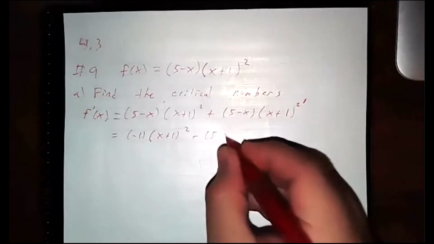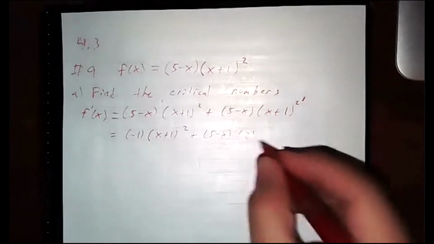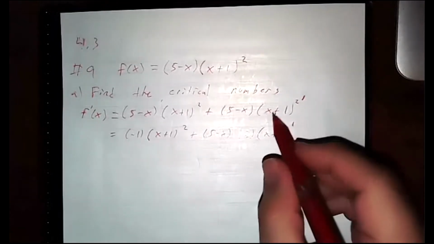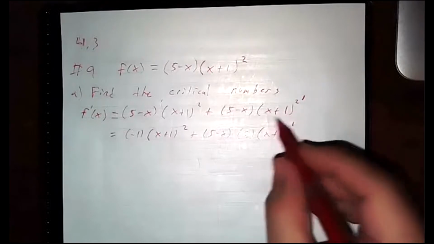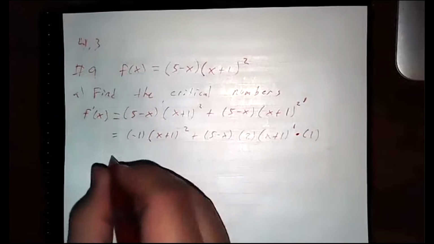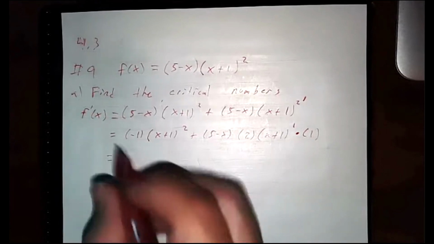So now the first part times the derivative of this guy. That would be bring the 2 down, subtract 1, and then times the derivative of the inside, but the derivative of the inside is 1. So times 1 doesn't do anything. Okay, so let's clean this up. This is negative.